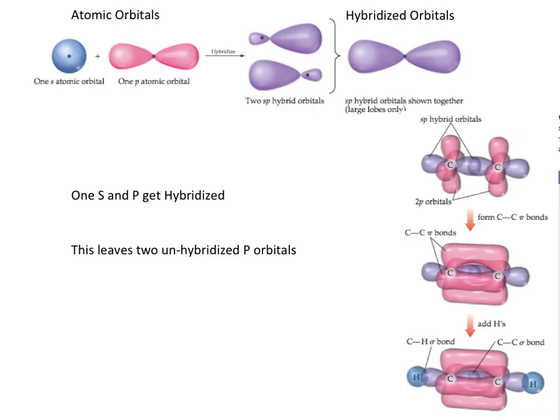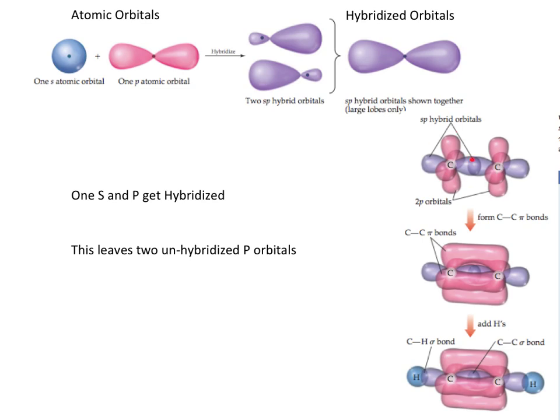So in the case of another carbon example here, where we have an sp hybridized carbon, we're going to have the two sp hybridized orbitals, and then we're going to have the two unhybridized p orbitals. And notice that they are 90 degrees from each other. They sit nice and comfortably around that central atom in their normal positions before hybridization.